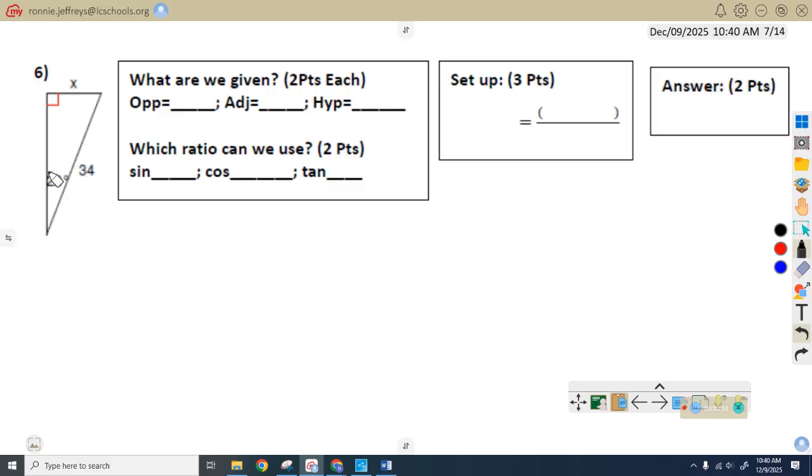All right, so here's my angle. Now, this one we just happen to have two in a row that are opposite and hypotenuse. That does not mean it's going to be like that on the test. We still have tomorrow's practice test to go through.